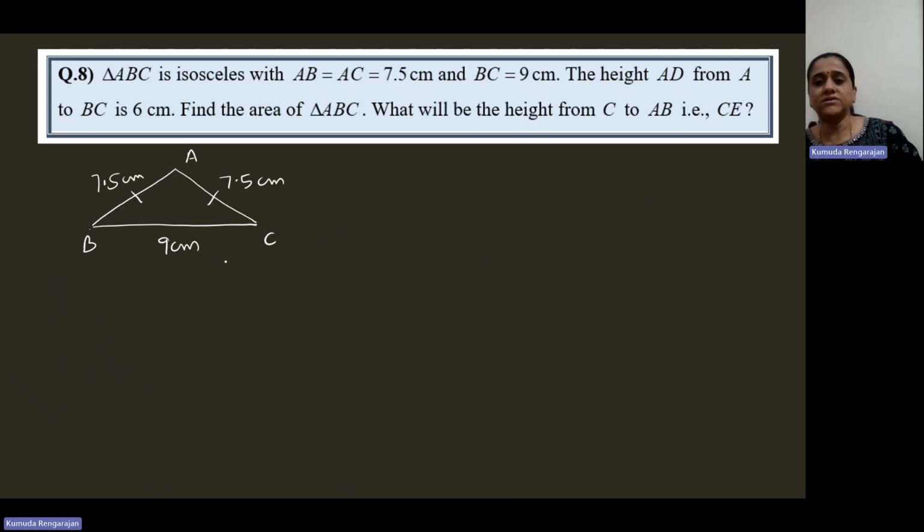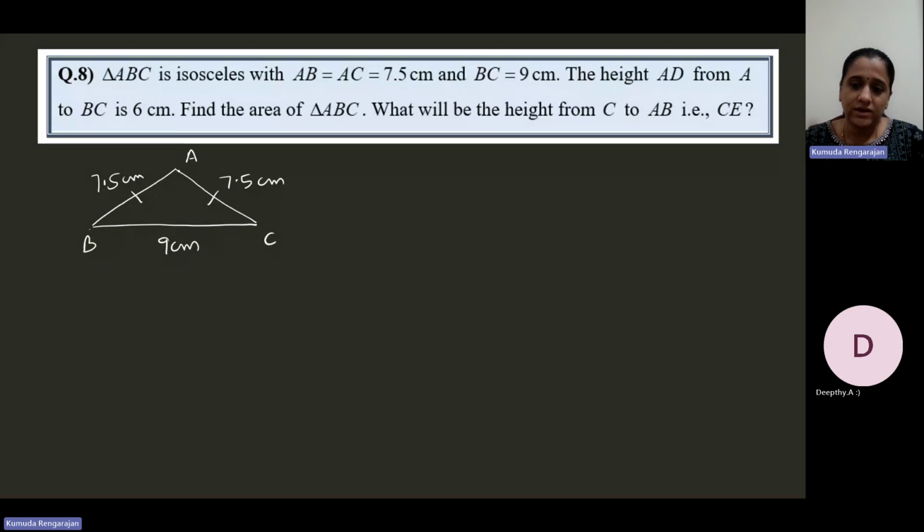The height AD from A to BC is 6 centimeters. So AD is 6 centimeters. Find the area of the triangle ABC. So you'll take BC as the base and AD as the altitude.